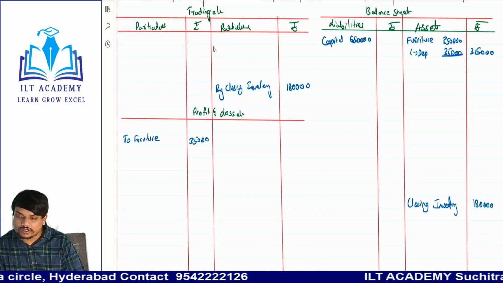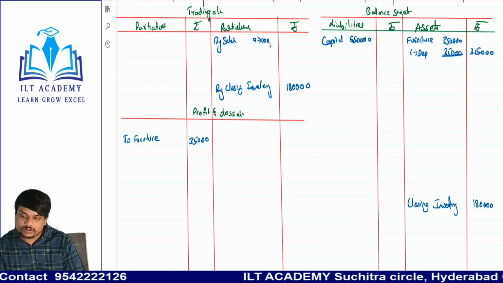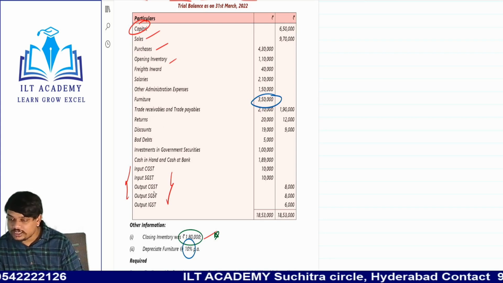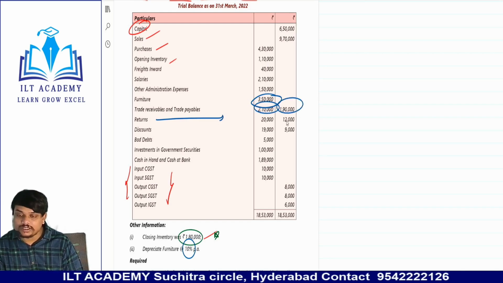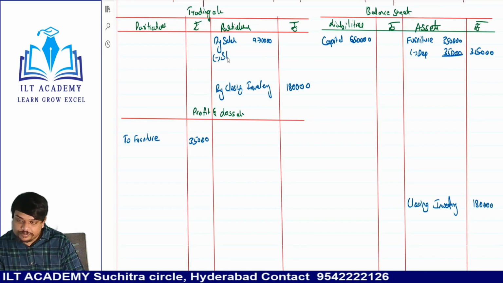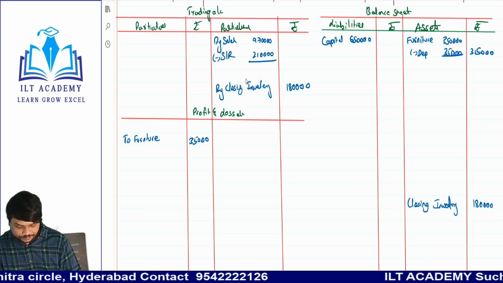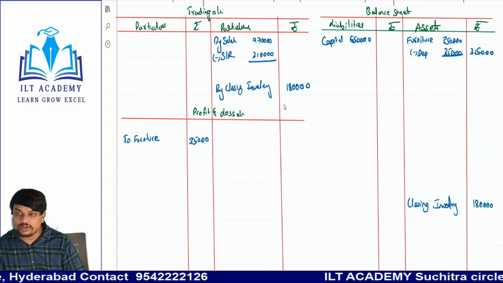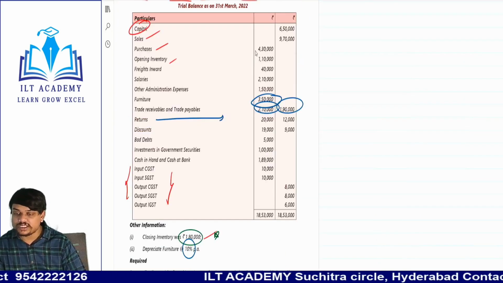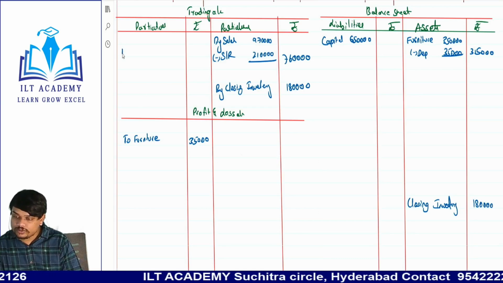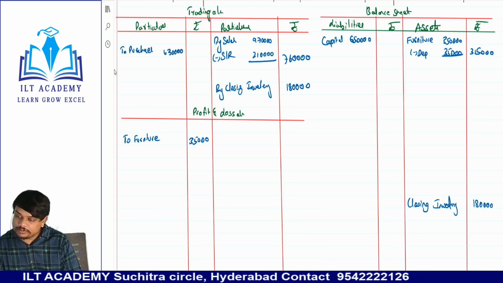Next sales 9,70,000. And are there any returns? You see it is 2,10,000 and 1,90,000. So sales returns are 2,10,000. So 9,70,000 minus 2,10,000 will give you 7,60,000. Next purchases 4,30,000 minus what?